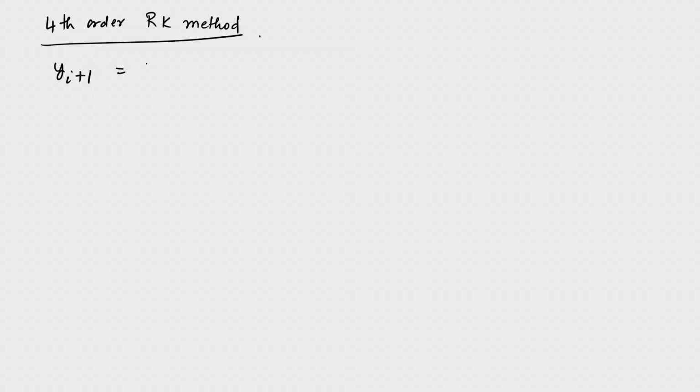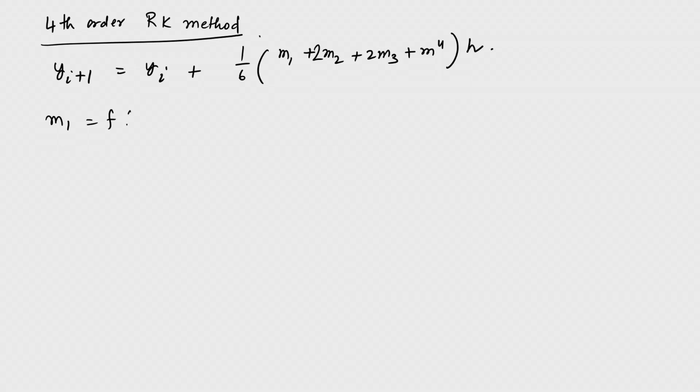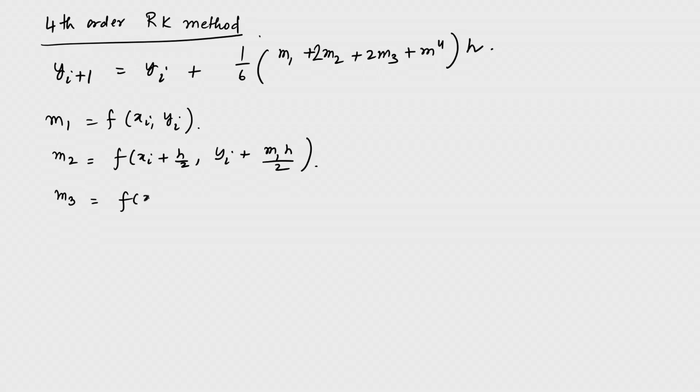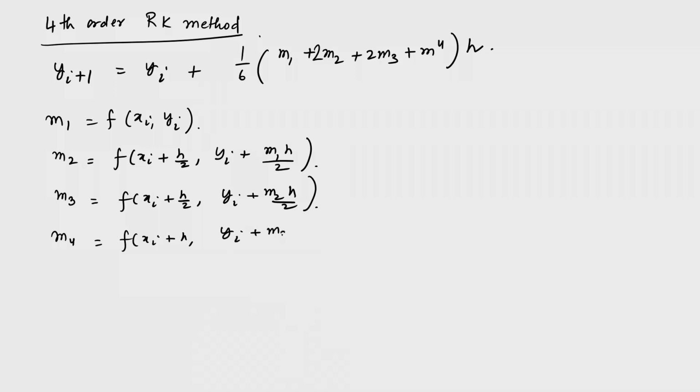So, y i plus 1 equal to y i plus 1 over 6 of m 1 plus 2 m 2 plus 2 m 3 plus m 4, times h, where m 1 is f of x i, y i, m 2 is equal to f of x i plus h over 2, y i plus m 1 h over 2, m 3 is equal to f of x i plus h over 2, y i plus m 2 h over 2, m 4 equal to f of x i plus h, y i plus m 3 h, and so on.